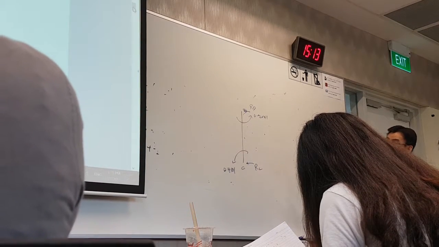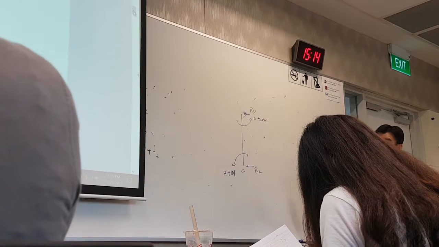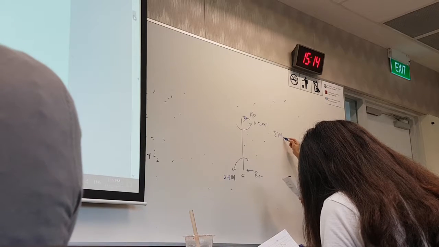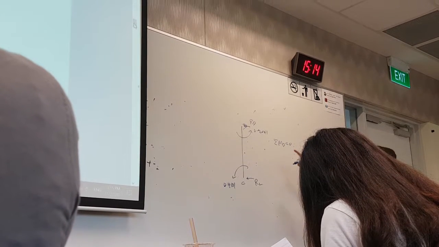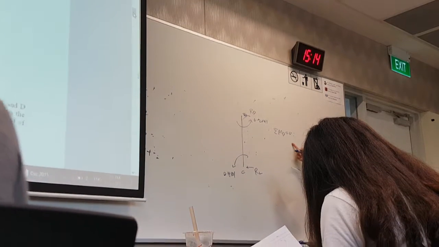So for this case, your interest is to get RC, because RC is actually along the horizontal direction at C. So for that, you can take the summation of moments about D equals 0.